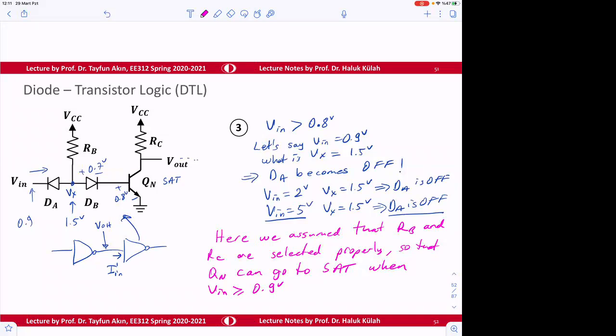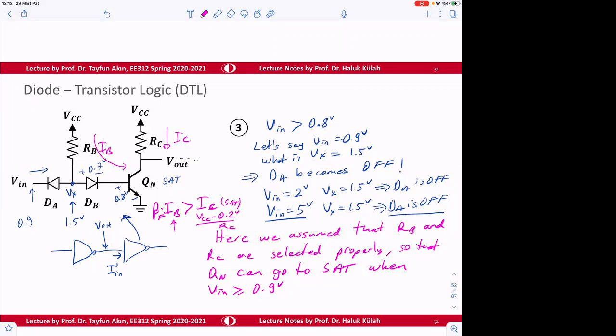Is that okay? Because, you know, this is going to be the current, this is going to be the current. So when we calculate this, IC, and then this is going to be IB. Beta F times IB is larger than IC SAT. So what is IC SAT current? VCC minus 0.2 volt divided by RC.